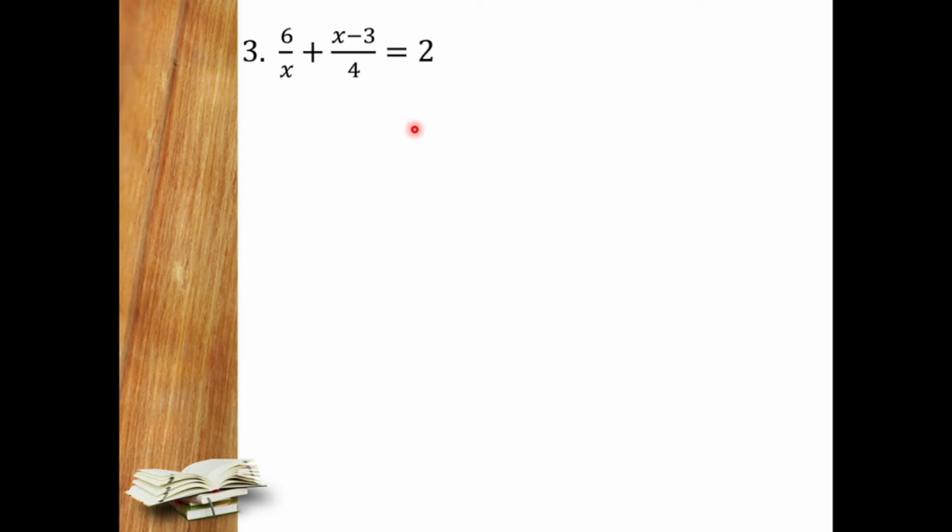So, based dun sa previous slide natin, ang sabi is, we need to multiply the LCD to all the terms in our equation. So, therefore, we are going to have 4x times the quantity 6 over x plus x minus 3 over 4 is equal to 2 times 4x.